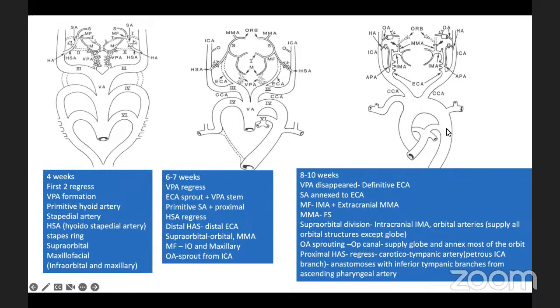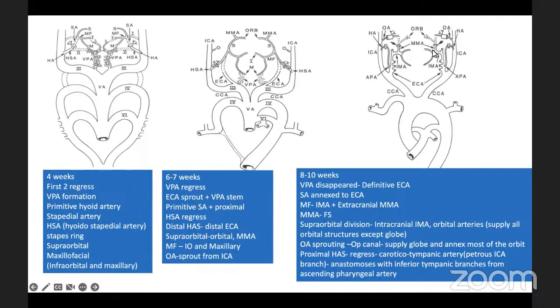At 8 to 10 weeks, the VPA has completely disappeared and the definitive proximal ECA is formed, which also gives the proximal branches. The stapedial artery, which was the distal ECA, fuses in such a way that the maxillofacial artery becomes the internal maxillary artery and the supraorbital part involutes, and the MMA arises as an origin from the maxillofacial artery.